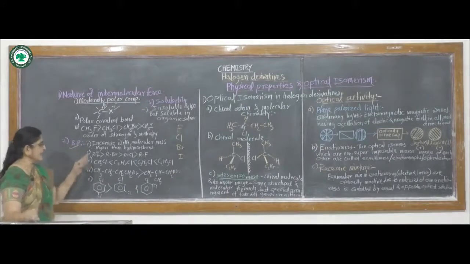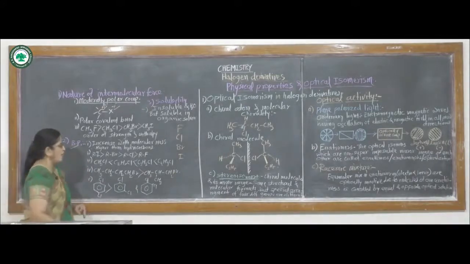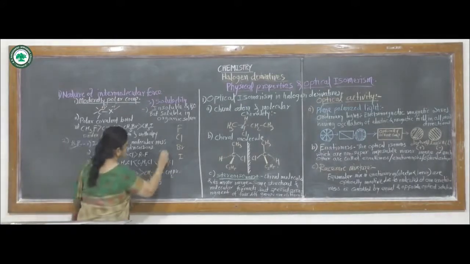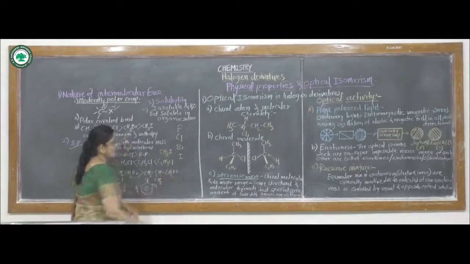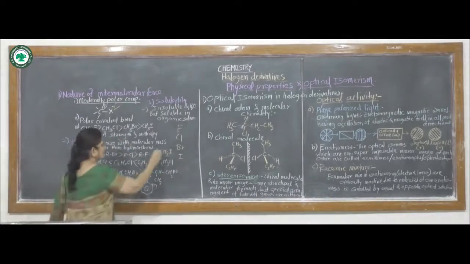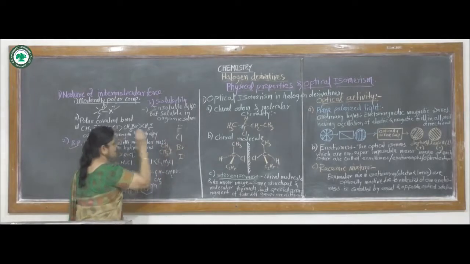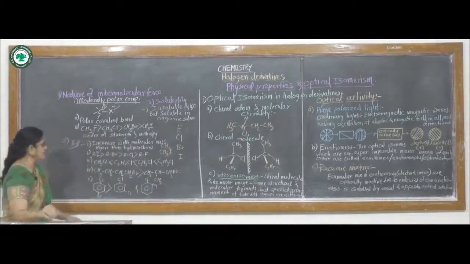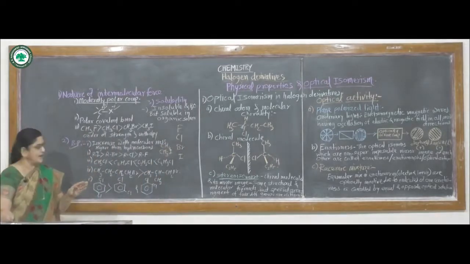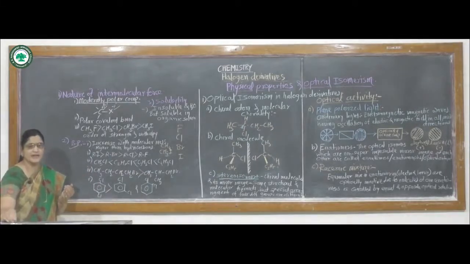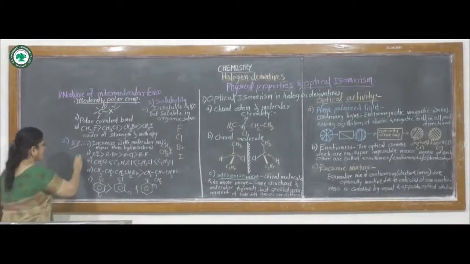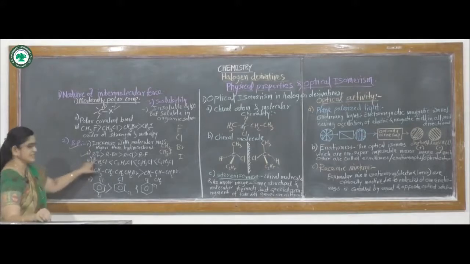That means the boiling point of methyl chloride, CH3Cl, is greater than that of the corresponding methane. Also, the boiling point of ethyl bromide is greater than that of ethane or ethene.